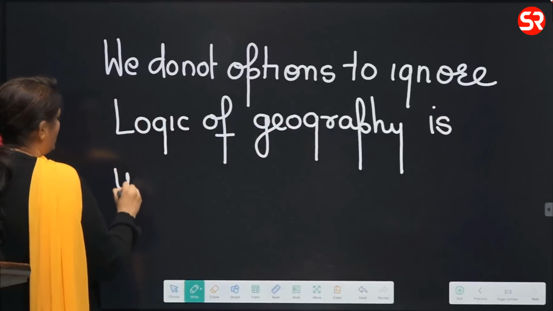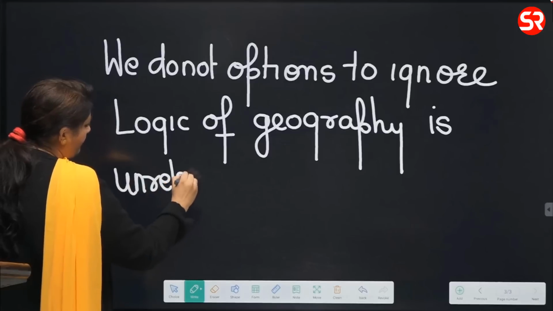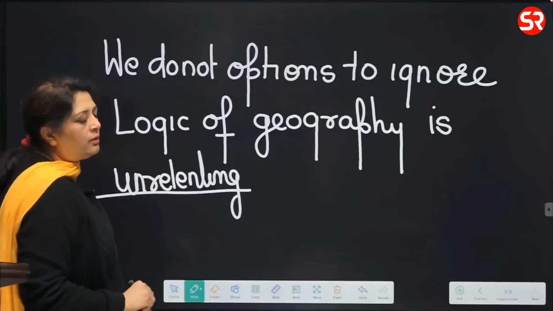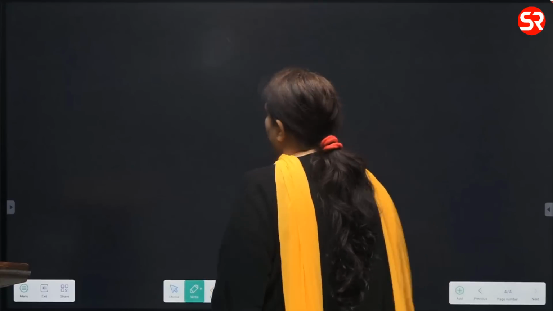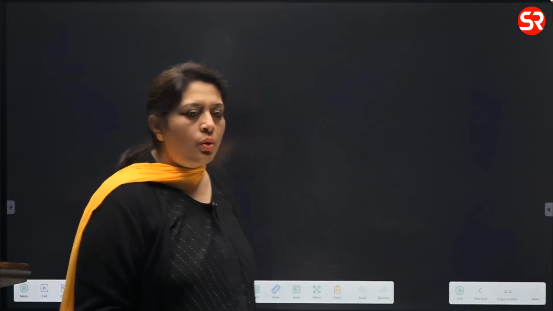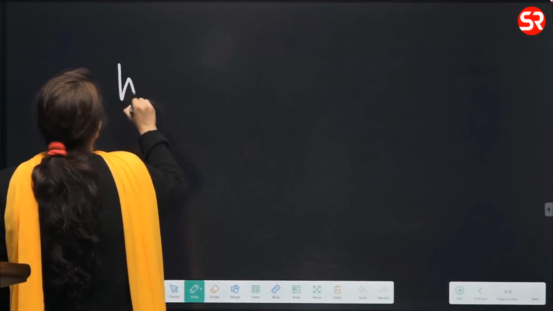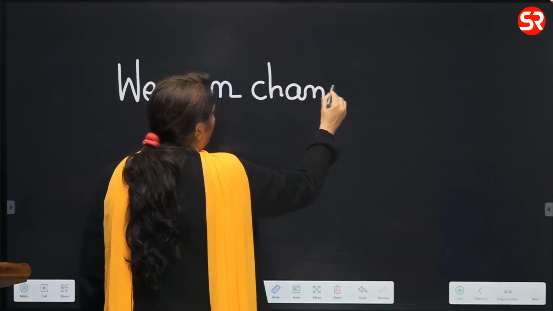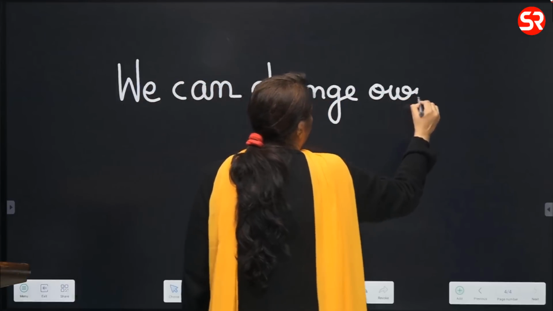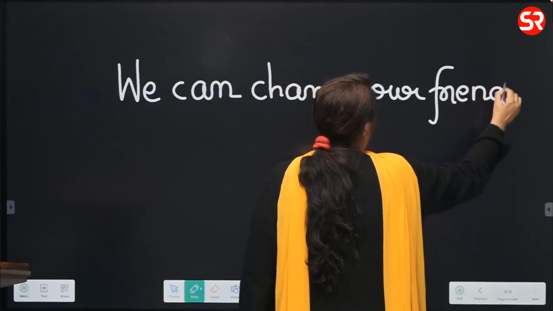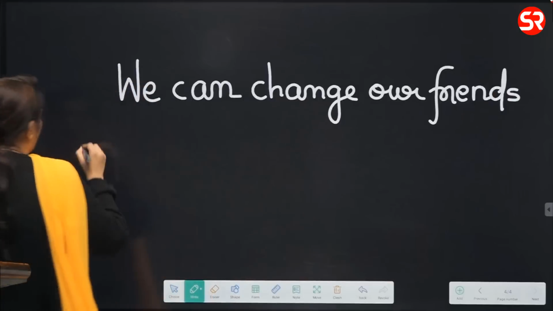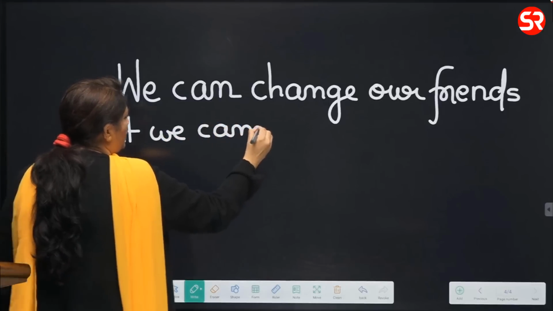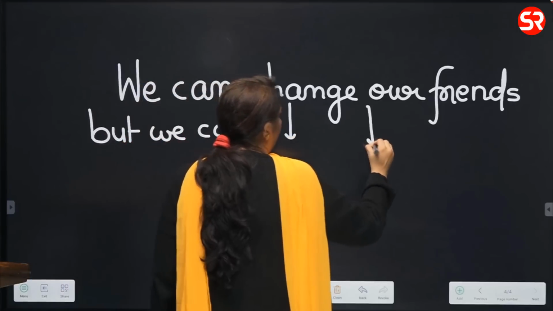The logic of geography is unrelenting, and as our former Prime Minister Vajpayee used to repeat, we can change our friends, but we cannot change our neighbors. We cannot change our neighbors.